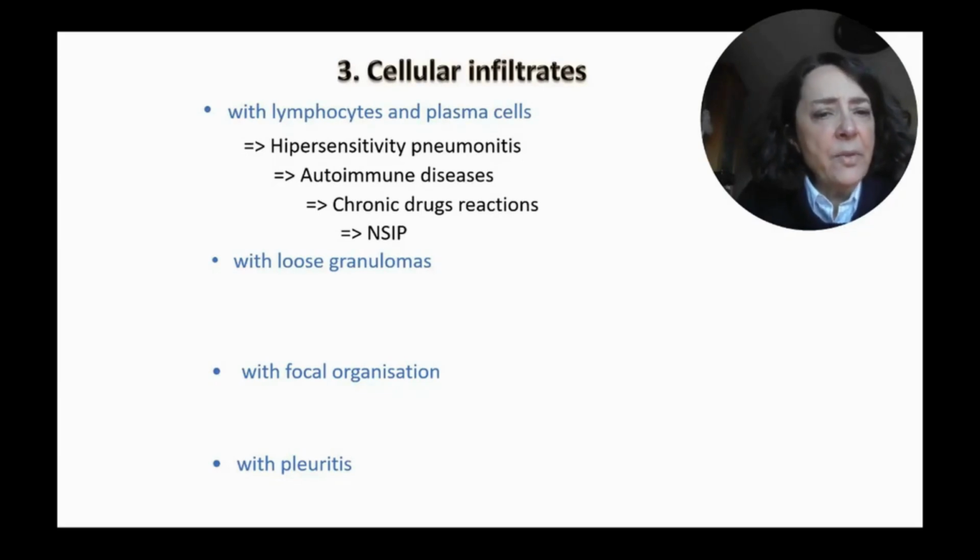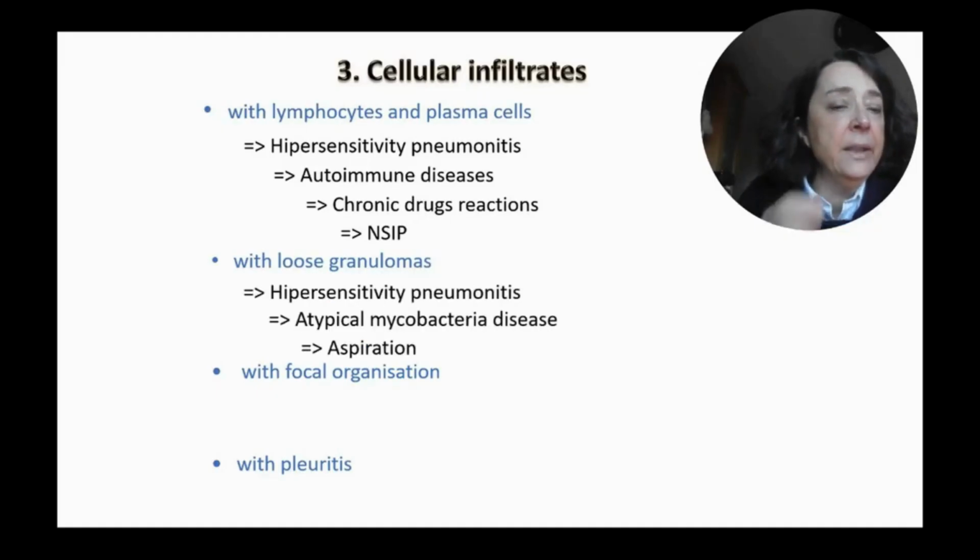So if you have lymphocytes and plasma cells, the differential diagnosis is hypersensitivity pneumonitis, autoimmune diseases, chronic drug reactions, and NSIP. However, this is one of the things that you have to look at. But you have to remember that not always, or never, does an entity have only one feature. So for instance, in hypersensitivity pneumonitis, you are going to find loose granulomas the same way that we did find in the previous biopsy I showed you.